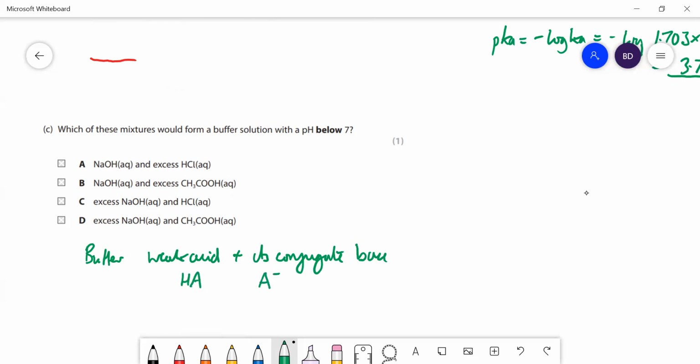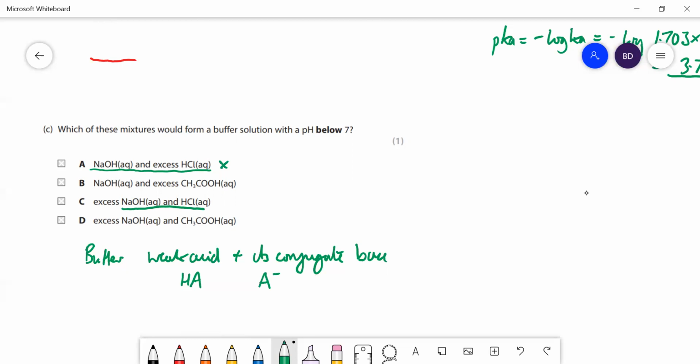A is a strong acid and a strong alkali, so that's not it. C is completely wrong because that's a strong acid and an alkali. So it's got to be B or D.